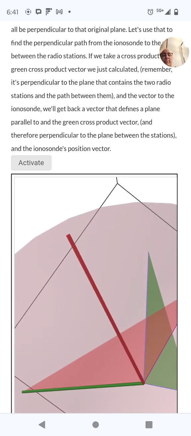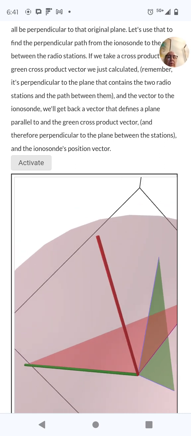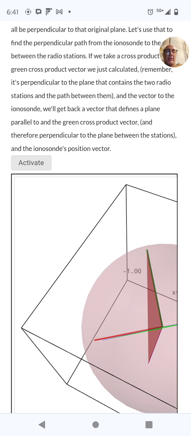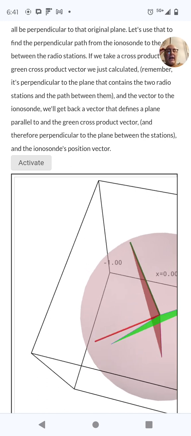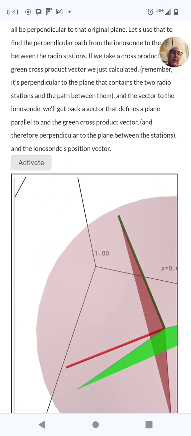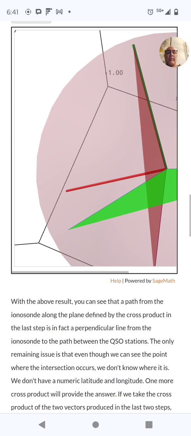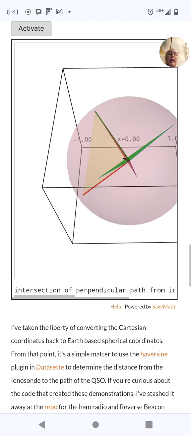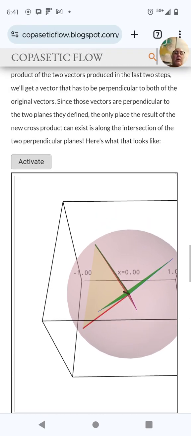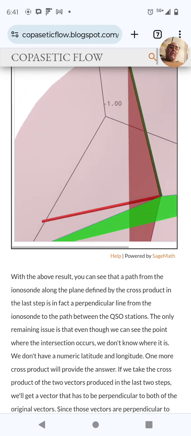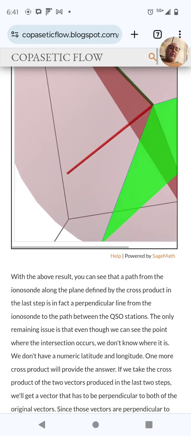That gives you the pink vector here and two planes that are perpendicular to each other. One plane defines the QSO path. The other plane defines the path between the ionosonde and that first cross product. Then we take another cross product, and that also defines where the perpendicular intersection from the ionosonde to the QSO path lives.